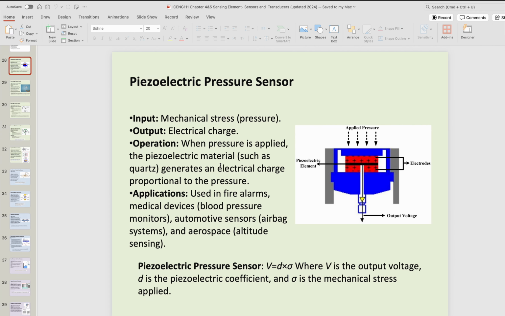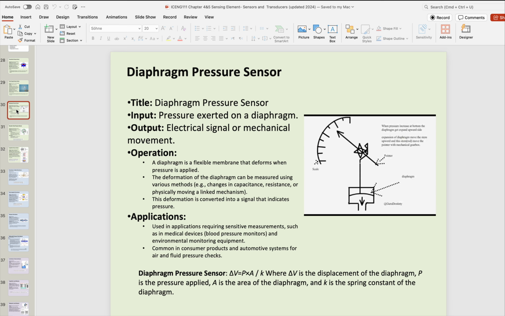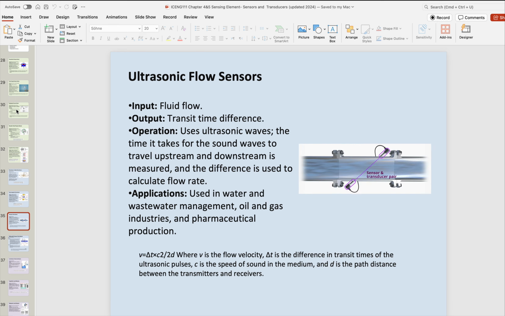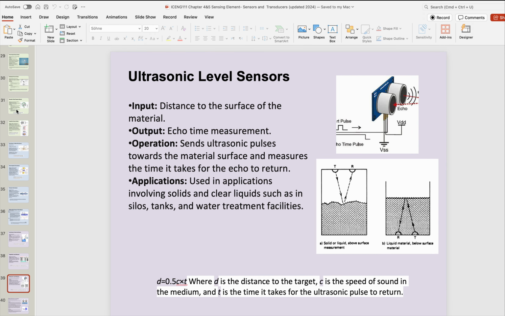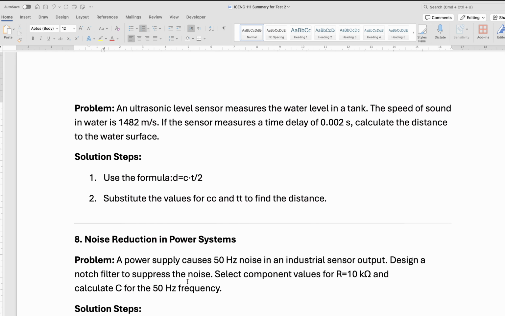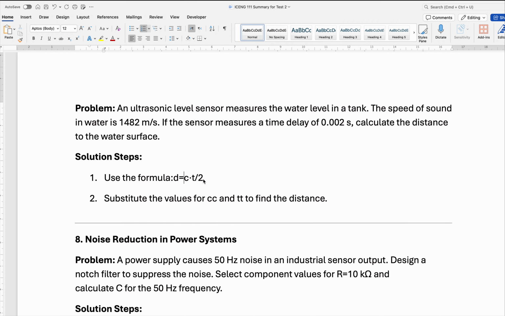Now, going to the ultrasonic level sensor, if you can remember, the equation is 0.5 C, where C is the speed of sound, into T. The 0.5 here is the division by 2, so 0.5 into C into T. Do we have the value of C? Yes, we have the value of C. Do we have the value of T?